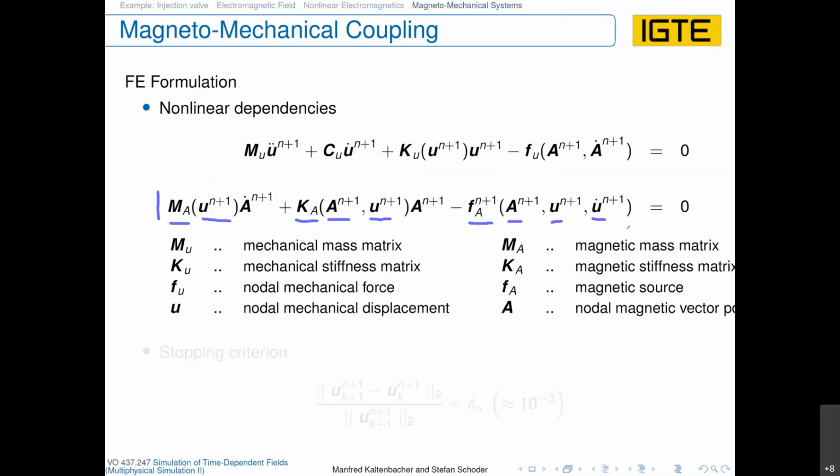On the other hand, when we have computed our magnetic partial differential equation within a time step, we now know the magnetic forces, and then this term here, we assume that we have no further additional mechanical forces acting on our mechanical structures. Then this term is known.